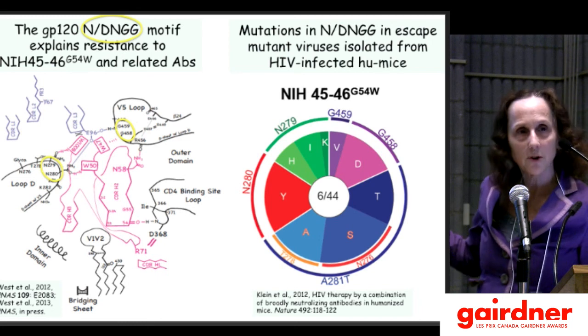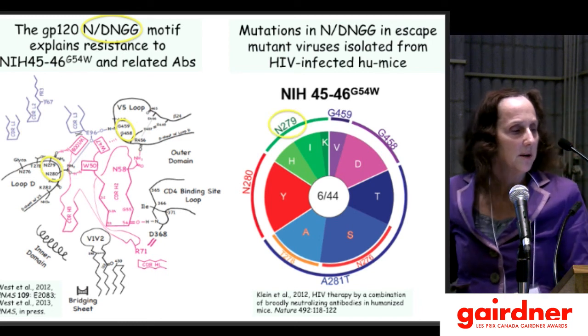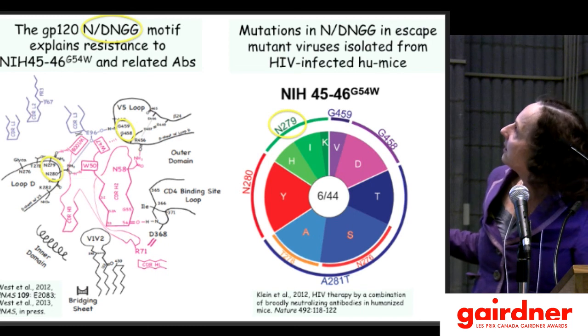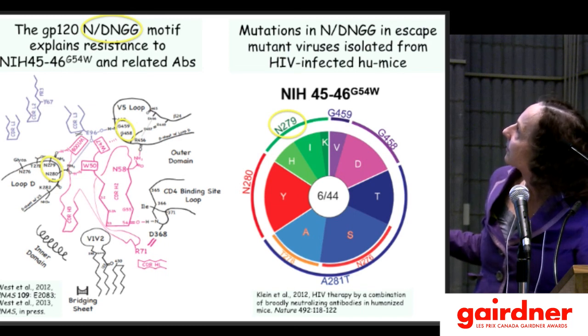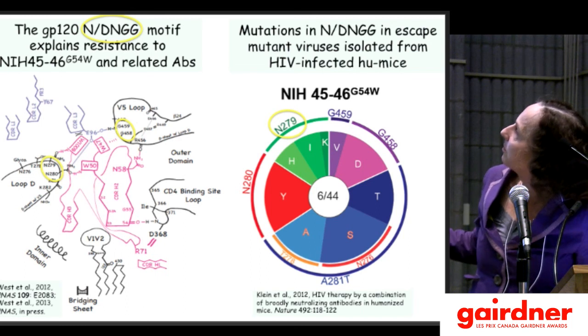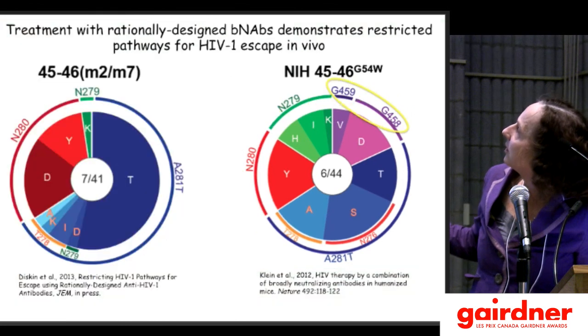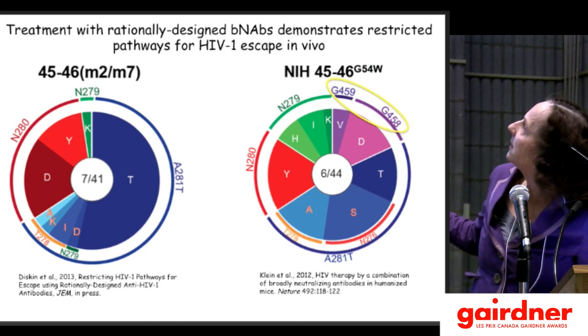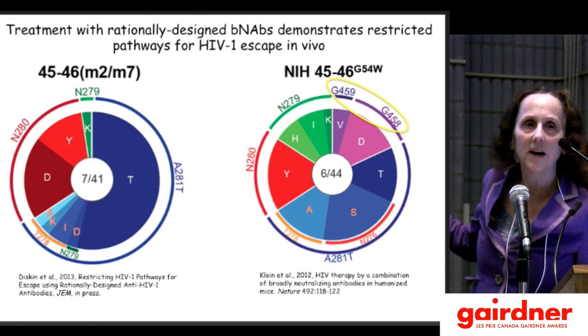So that confirmed Anthony's predictions, but now what about the new mutants? This is the original parent one, and that's N, G, or G. Okay, so now he does the same experiment, but he treats them with 4546, these new mutants right here, and he has completely eliminated this route of escape, exactly as designed.